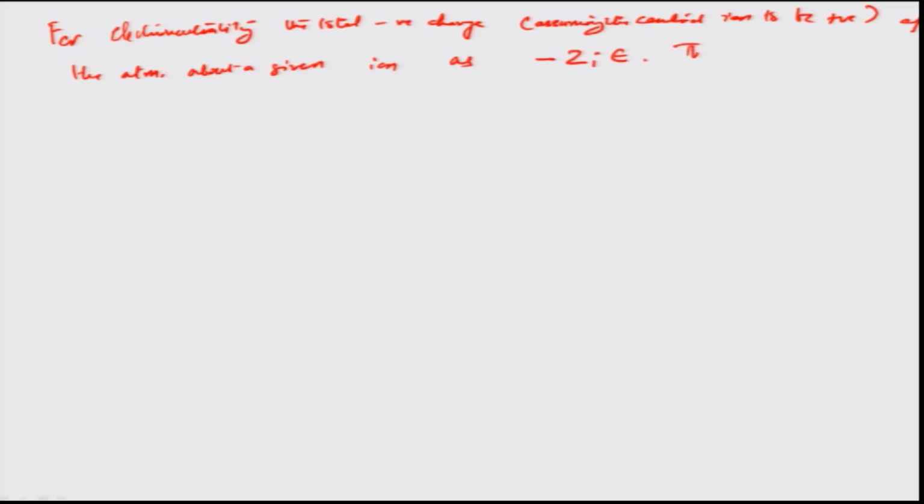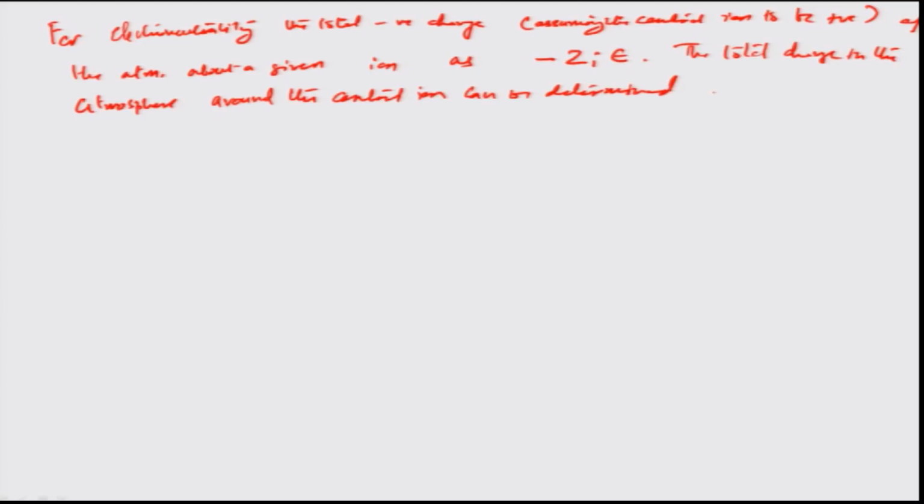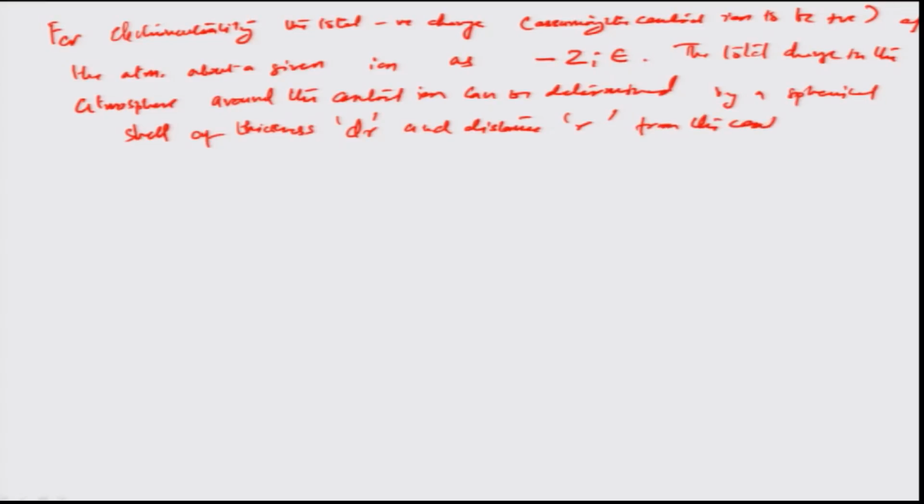The total charge in the atmosphere around the central ion of interest can be determined by a spherical shell of thickness small dr and distance small r from the central ion.